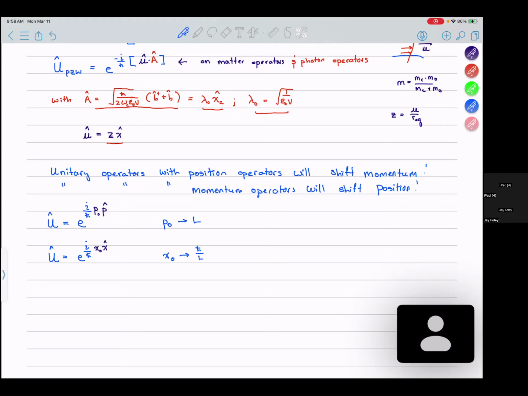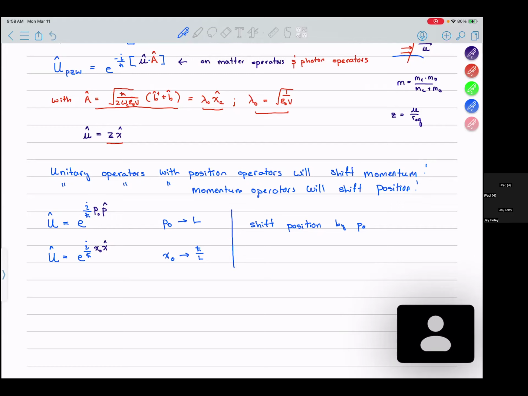So what will result from each of these operators is that this operator, e to the i over h bar p naught p hat, is going to shift the position of my system by the amount p naught. And that is now a sensible thing to say because p naught is a length quantity, so it is something that position can be shifted by.